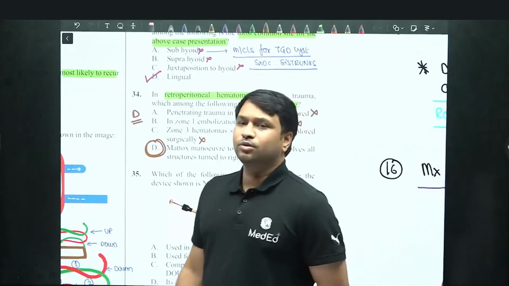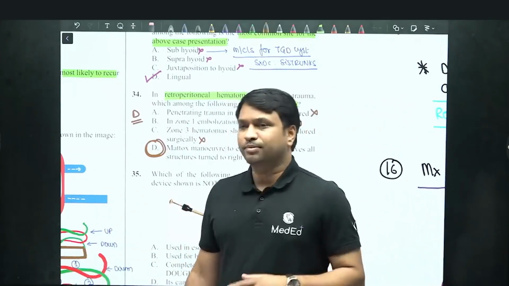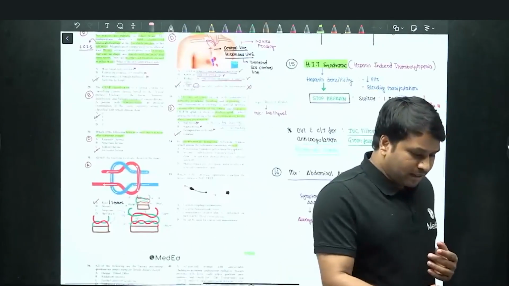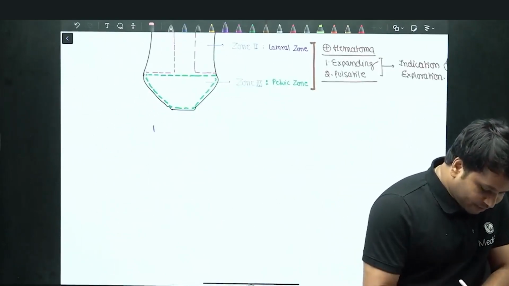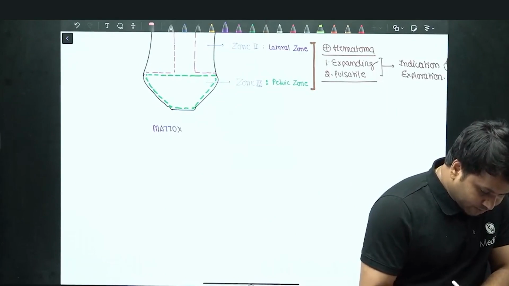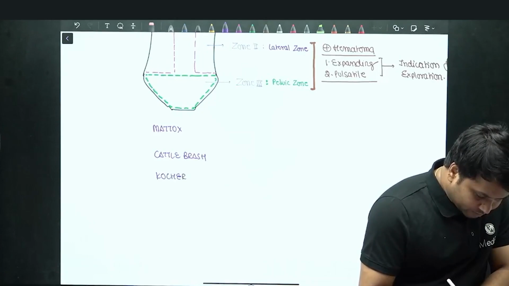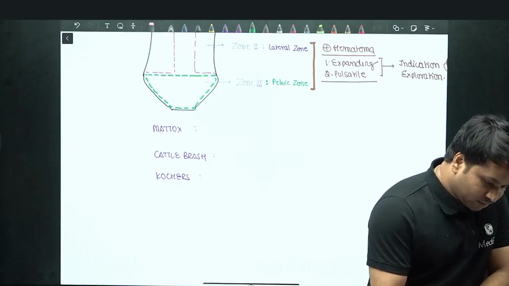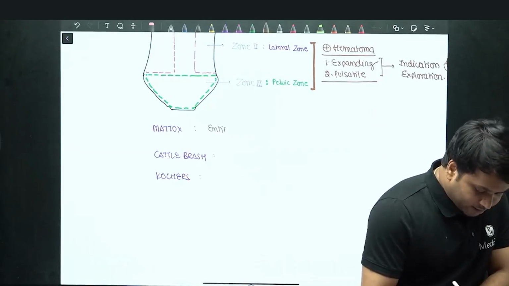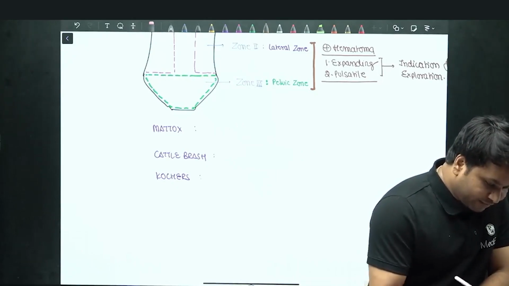Everybody knows we have the Mattox, the Cattell-Braasch, and the Kocher maneuvers. So I'll just add there. We have Mattox, we have Cattell-Braasch, and we have Kocher. Here the entire bowel is turned, as we call it, the left medial visceral rotation.